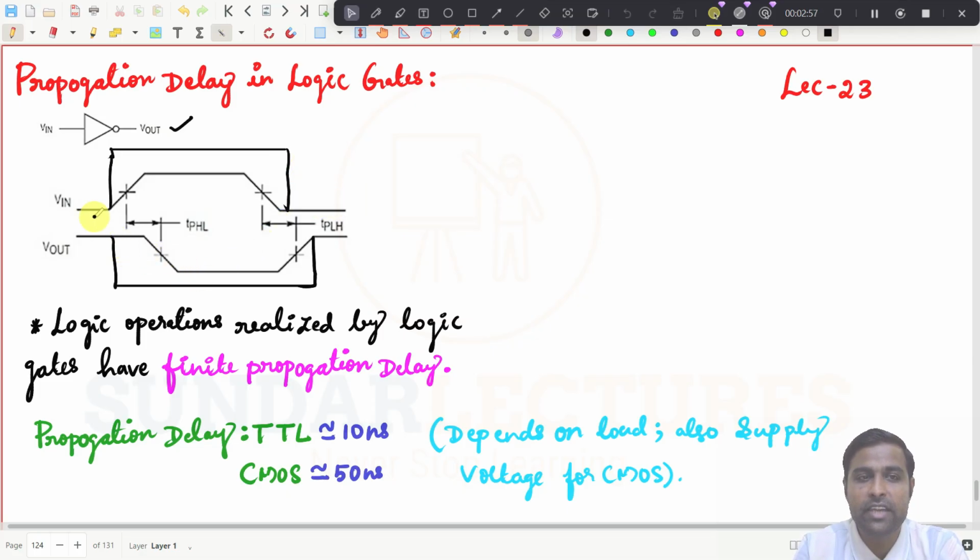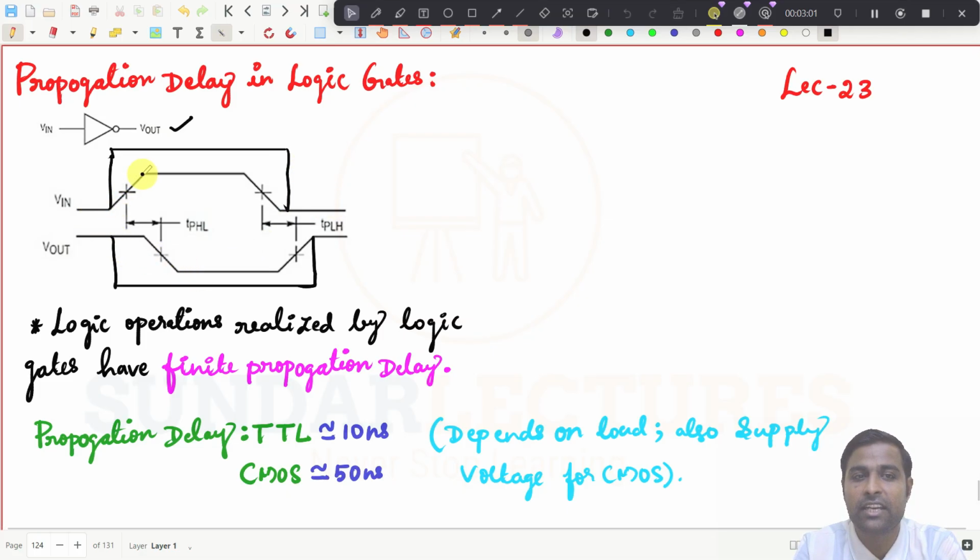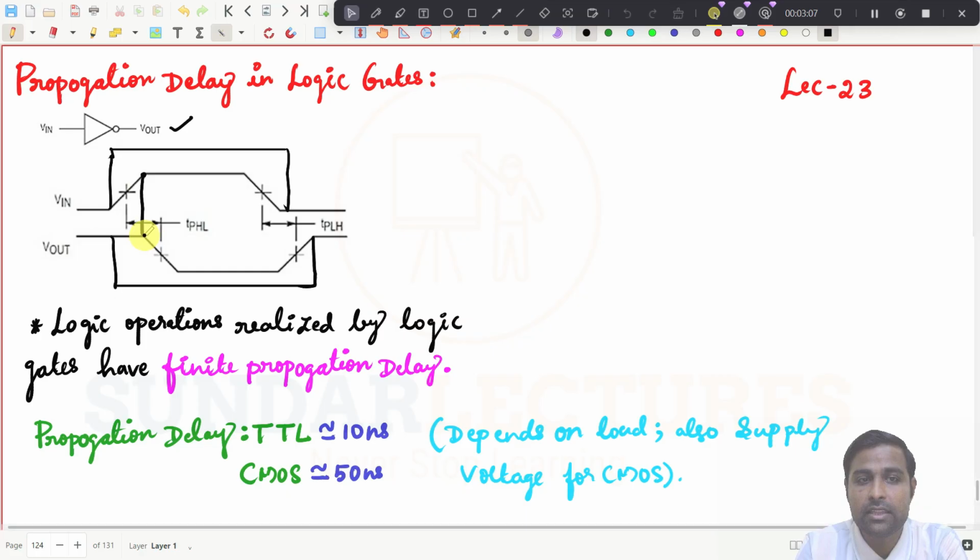So what happens here? The input will gradually increase, and then it becomes high at this point, and only after this point does the output go to 0, and it will not go to 0 at a single instant. It takes time to go to 0 at this point. Then what happens here? This is the midpoint.